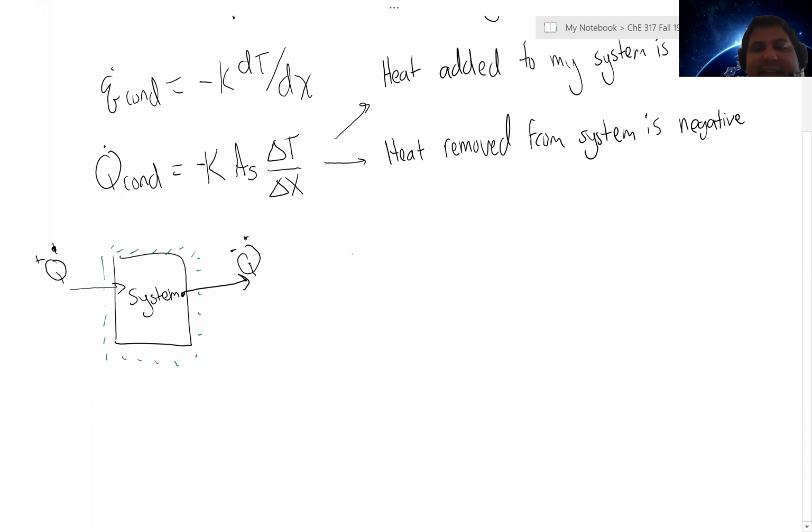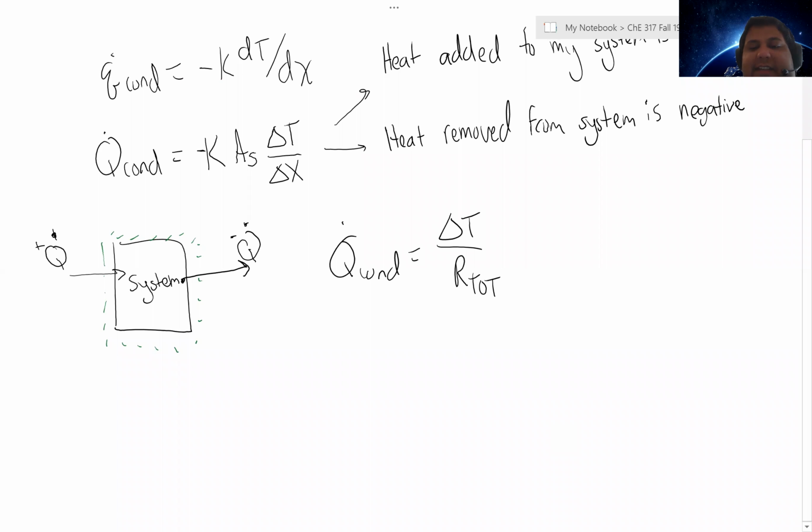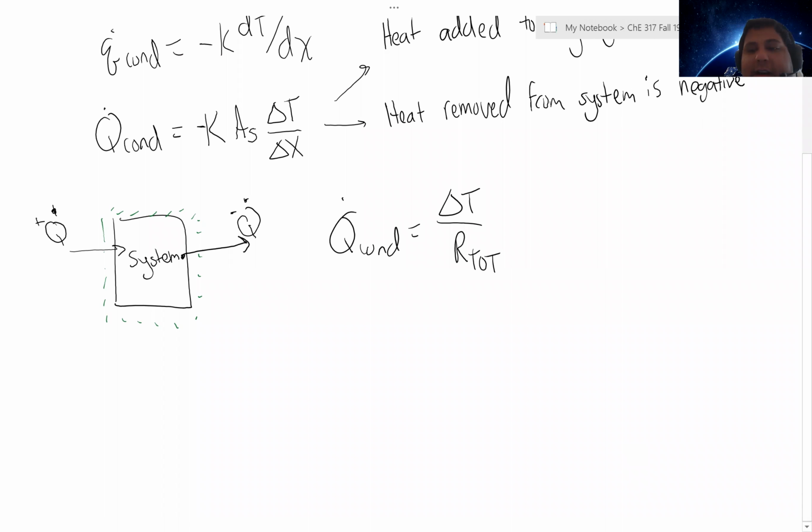And we also discussed last time that I can describe my heat transfer via conduction not only by Fourier's law, but by what's known as a resistance model, where my conductive heat transfer can be essentially the temperature gradient over the total thermal resistance that I have in my system, where conductive thermal resistance is given as delta X over k times surface area, and for problems involving convection, convective thermal resistance can be provided as 1 over h times A sub s.